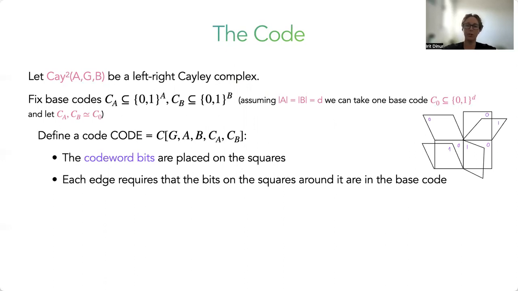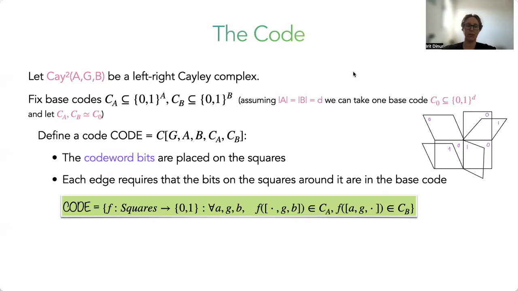And what I require is that when I look at an edge and I look at all the squares around this edge, and I look at this D-bit string, it's in C0. Very much analogously to the Sipser and Spielman expander code.